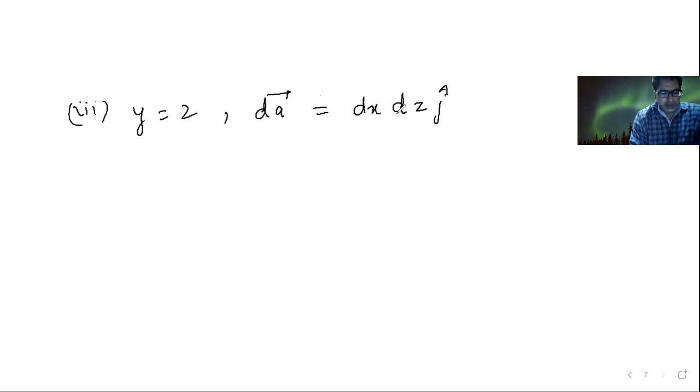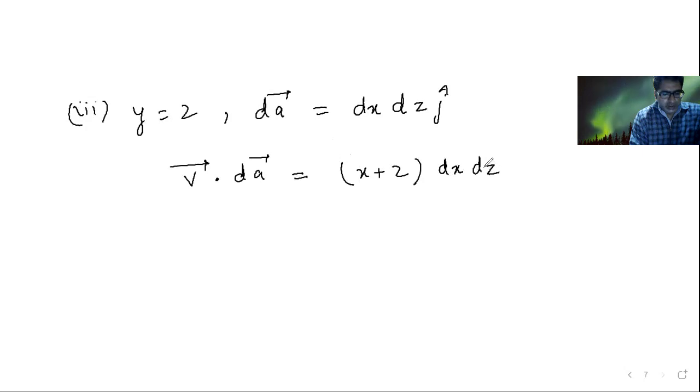J cap indicates the direction of the area vector. Now what is v dot dA? You have to take the y component of vector field. Y component of a vector field is x plus 2. So it is simply x plus 2 times dx dz.